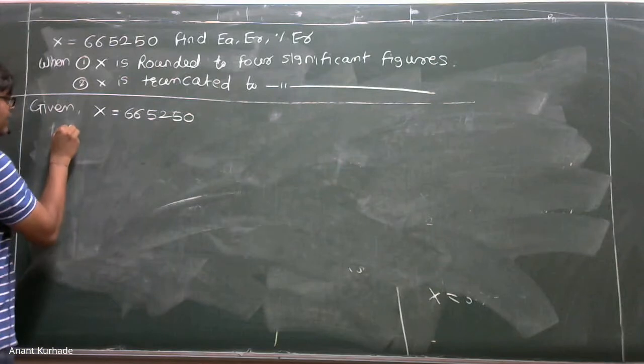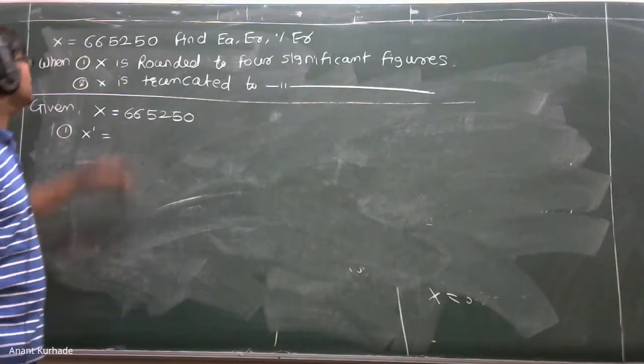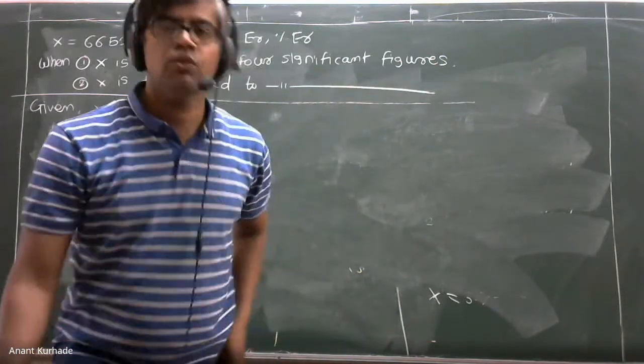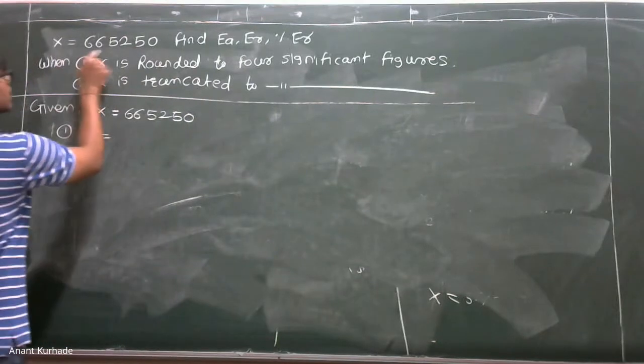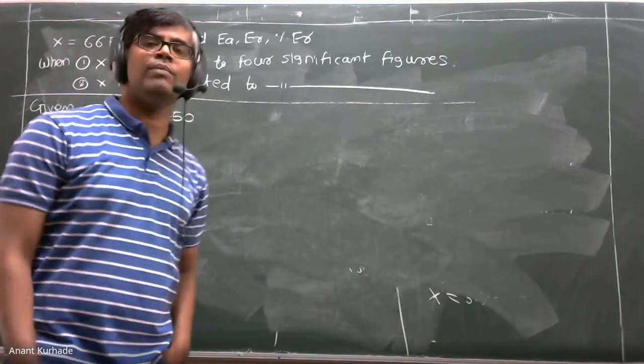For the first, x dash is equal to, now tell me, x is rounded to 4 significant figures. Check 4 significant numbers and tell me the value of x dash.